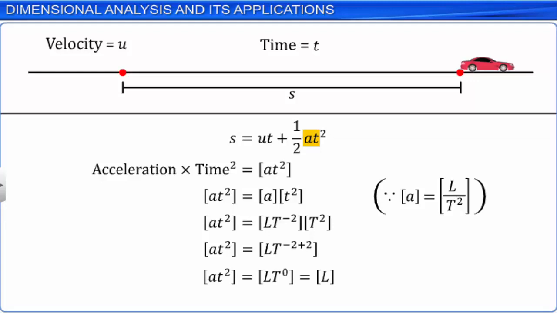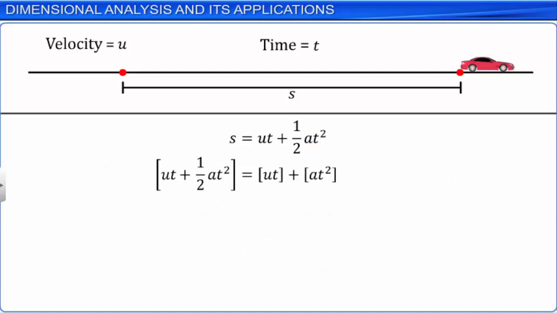Taking the dimensional formula of the physical quantities in both the terms on the right-hand side of the equation, substituting their corresponding dimensions and simplifying, we find it is equal to L, which is the dimension of length as obtained on the left-hand side of the equation. Thus, the dimensions of the quantities on both sides of a given equation are the same. This proves that the equation is correct.